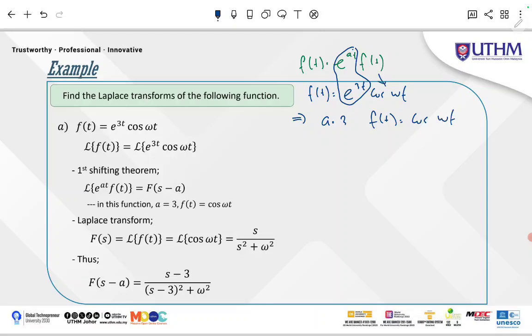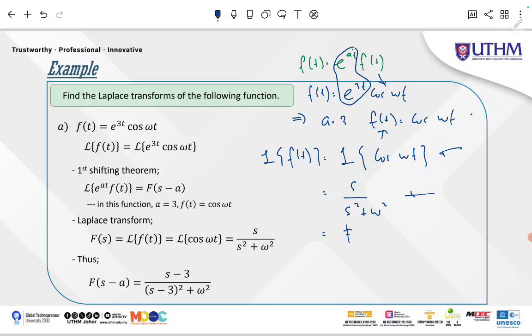So from here, we just need the Laplace transform of f(t), which is the Laplace transform of cos omega t, equal to s over s squared plus omega squared. How do you get this? You need to refer to the table that we looked at in the previous video.